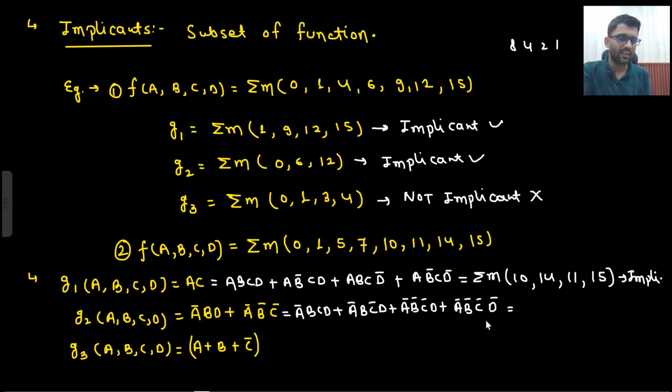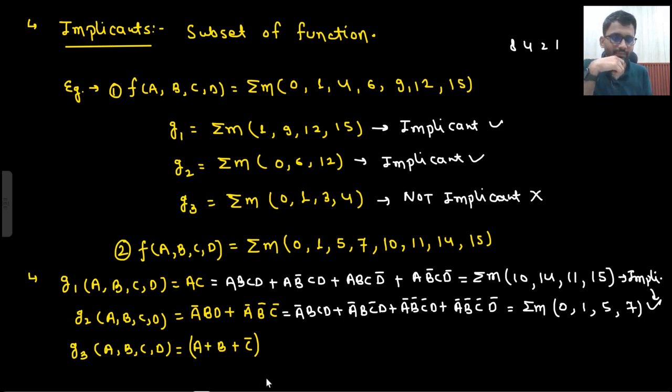All the combinations of D are coming here, D and D bar. So let's write down the minterms. As far as I remember, it will come 0, 1, 5, 7, but let's try. For this one, what would it be? 0, because all are 0. What about this one? This would be 1. What about this one? 4 plus 1, 5. And what about this one? 0, 1, 1, 1, 7. So this is also an implicant, right?